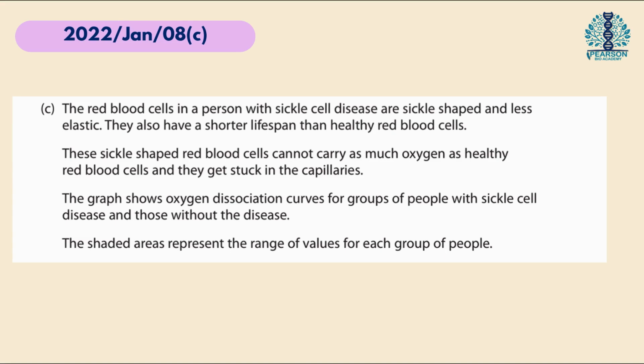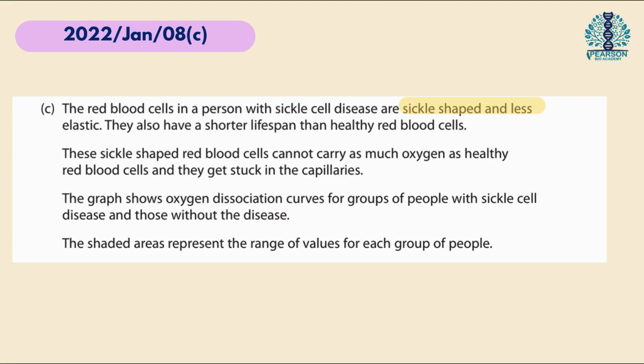So this is all under hemoglobin structure and oxygen dissociation curve. If you want, just pause and try to do it. The red blood cells in a person with sickle cell disease are sickle shaped and less elastic. They also have a shorter lifespan than healthy red blood cells.